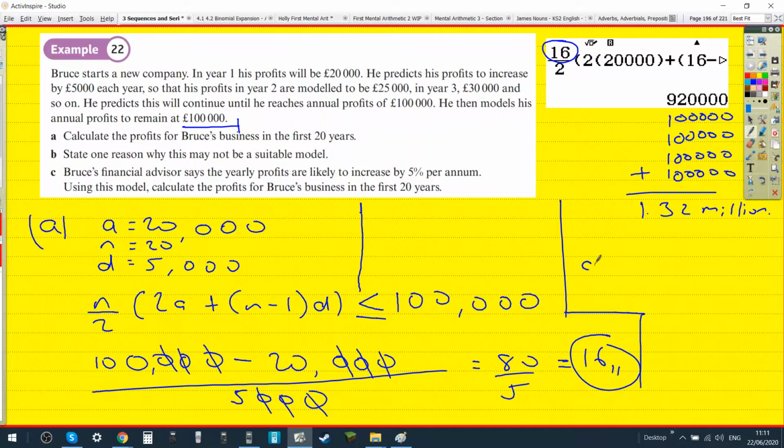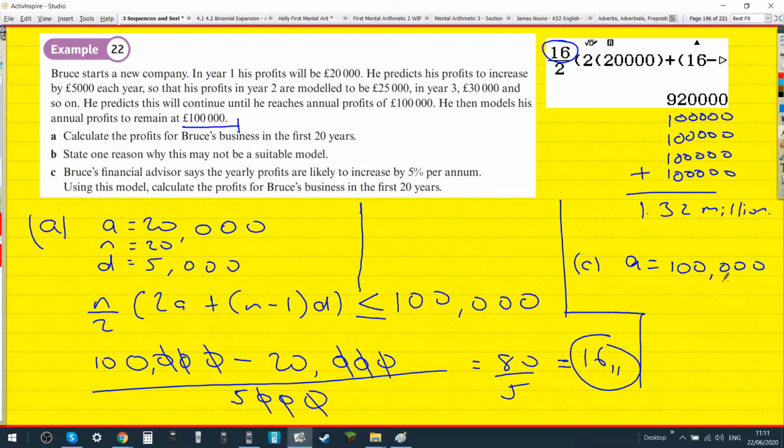No. So for C, A is 100,000. What is N? 20. And this time it is multiplied by something, and so it's R. Oh, yeah, 'cause it's a common ratio. So is that just 1.05?